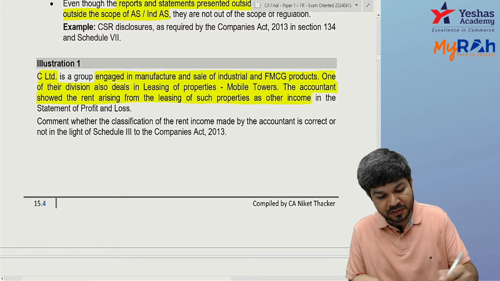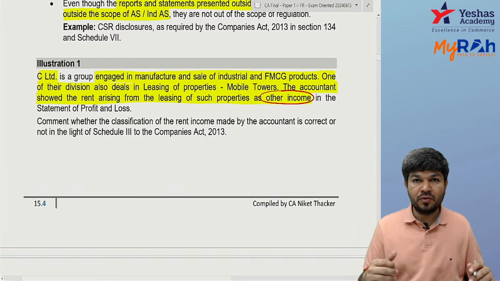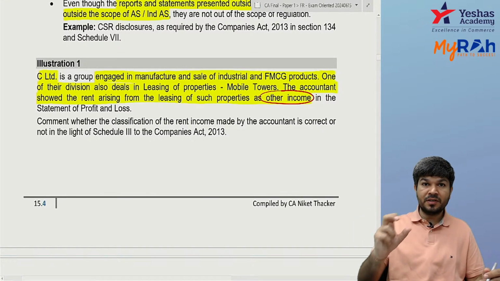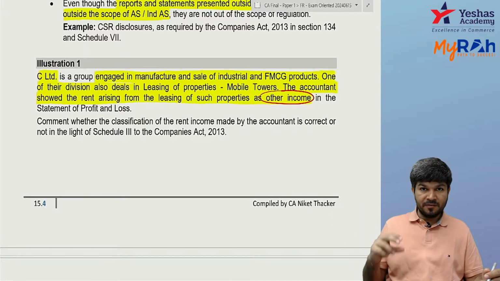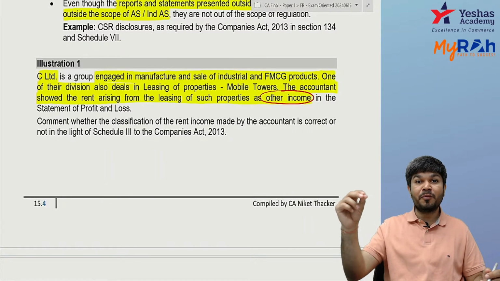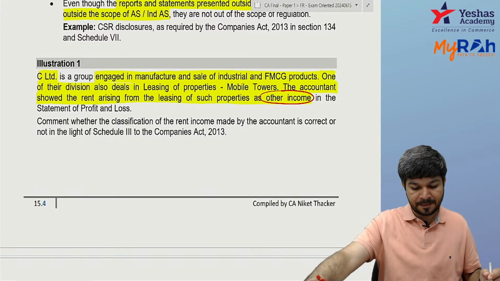My question is, is your leasing income other income? No, my routine operation is this. One of my divisions is into leasing. If so, for me the leasing income will be my revenue from operations, not other income. Did you get it?